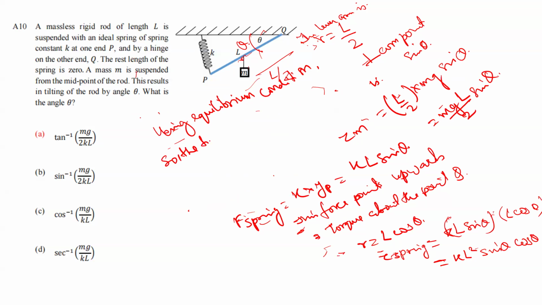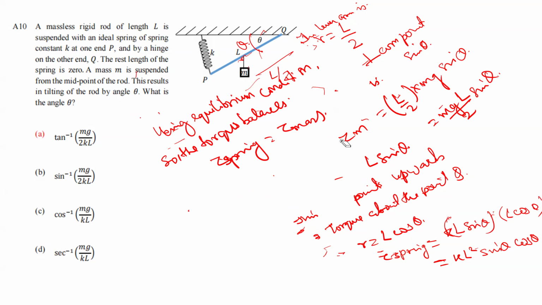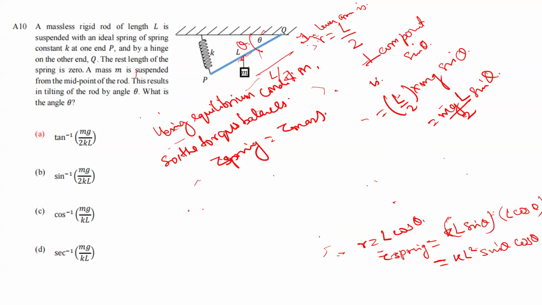So the torque balance is tau spring equal to tau mass, or we can write K L squared sine theta cos theta is equal to m g L by 2 sine theta.